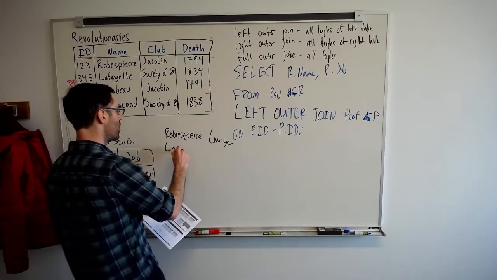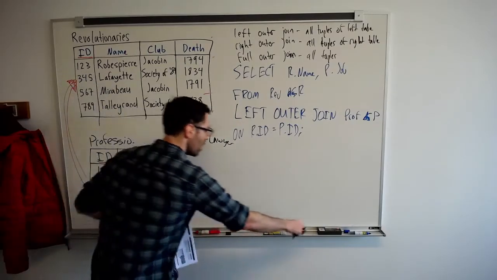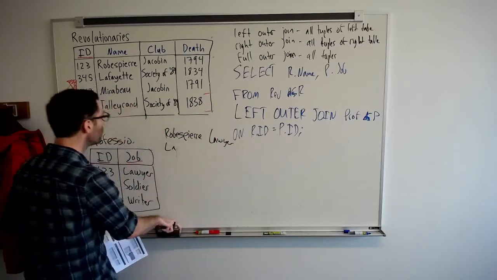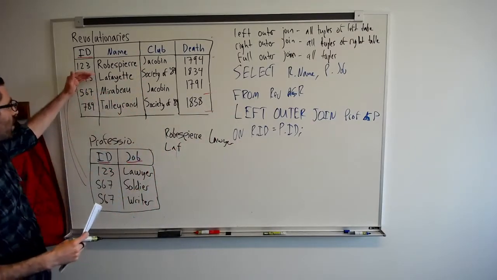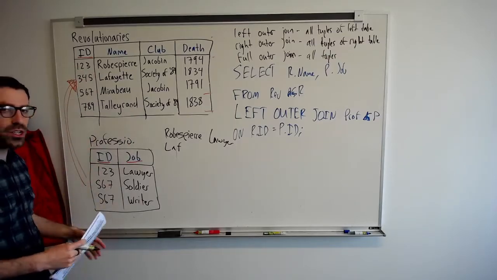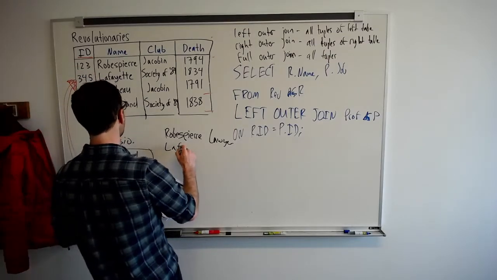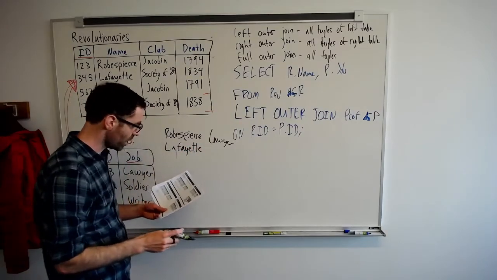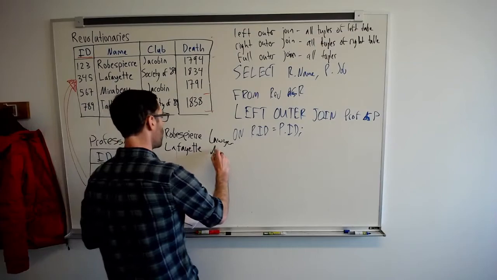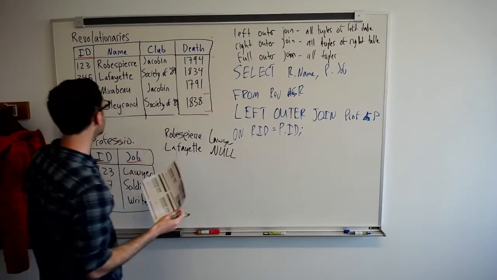So all the tuples of our left table would be preserved. So even though Lafayette doesn't have an entry in our profession table, which really isn't fair to Lafayette, he did many interesting things, we would have that tuple preserved.